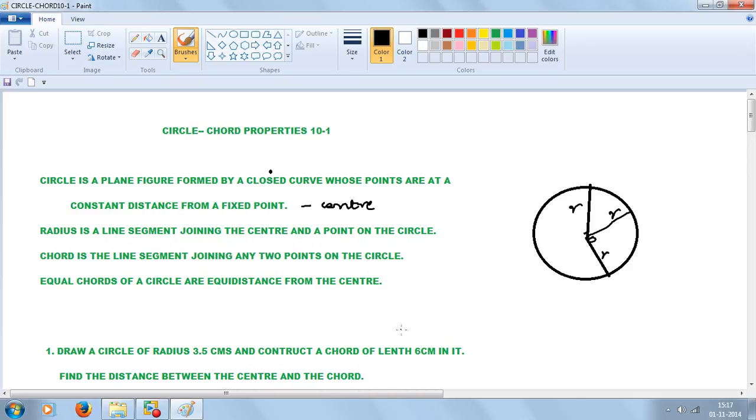So what is a chord? A chord is a line segment joining any 2 points on the circle. Chord is simply a line connecting 2 points in the circle. This is a chord.